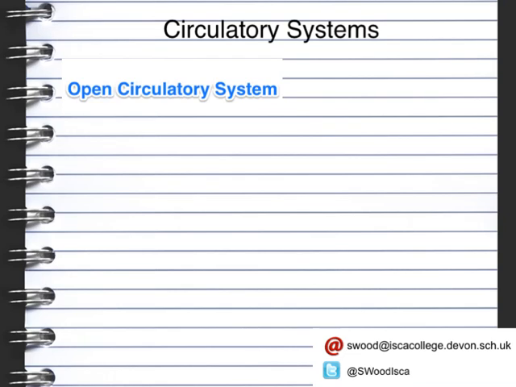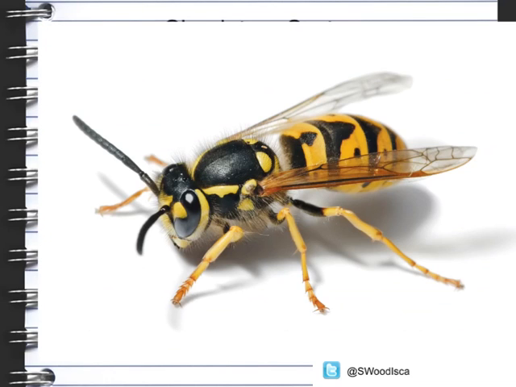So if, for example, we look at a wasp here, you can see that it will move into here and then it will just circulate around that system and within the thorax as well. So that's what we call an open circulatory system.